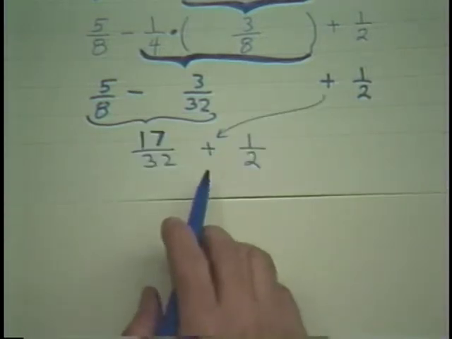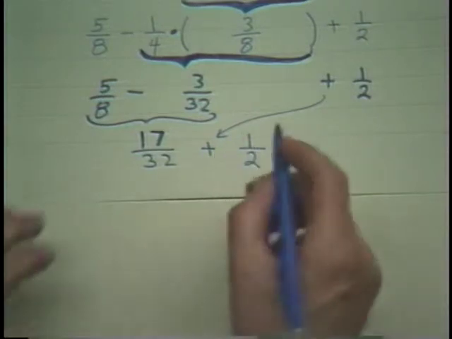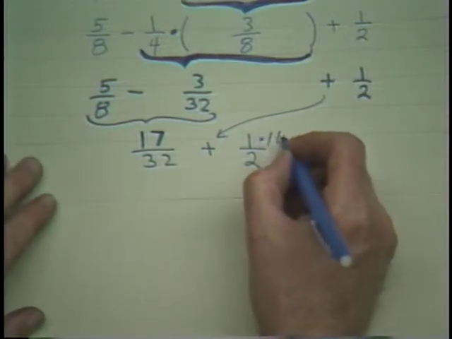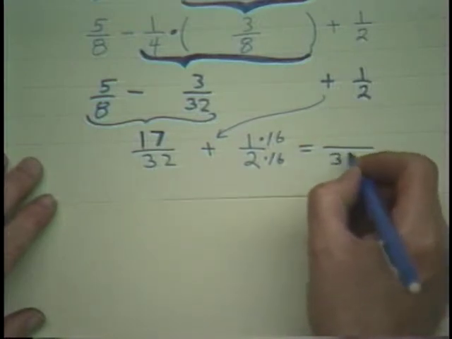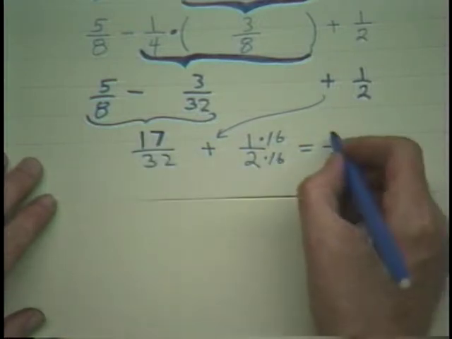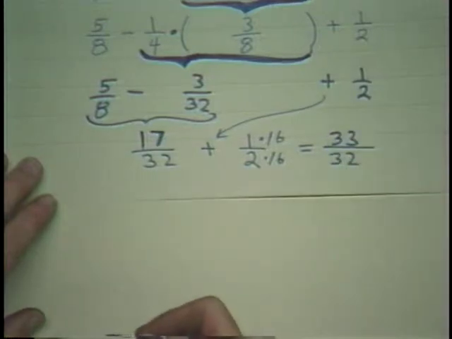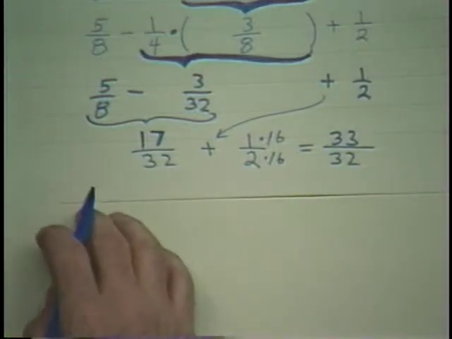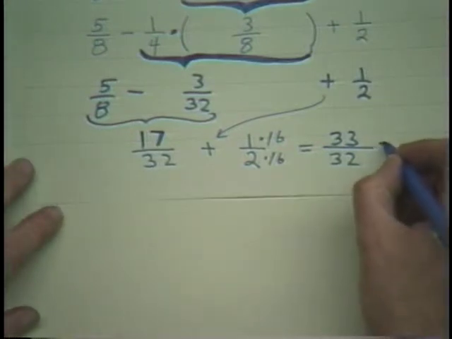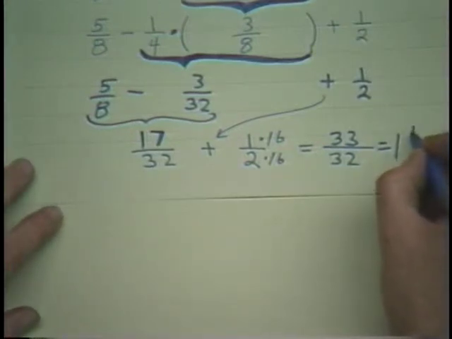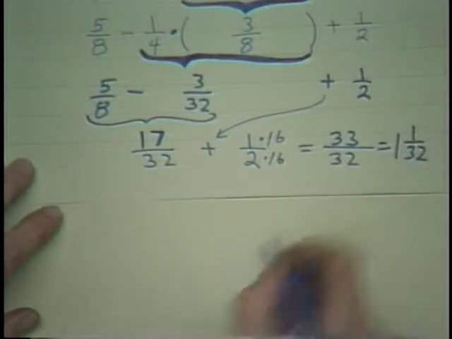And from this point on there's only one operation left, so getting common denominators here, which is 32. Adding the tops, we get 33. And if desirable, change it to a mixed number, which is 1 and 1/32.